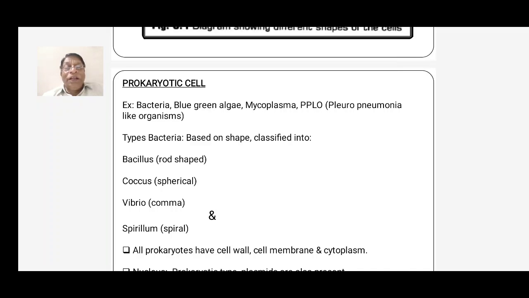And some bacteria appear as spiral-shaped structures. They are called spirilli or spirillum. So, based on shape, rod shape, spherical shape, comma, and spiral shape, bacteria are classified into 4 different types. Okay.